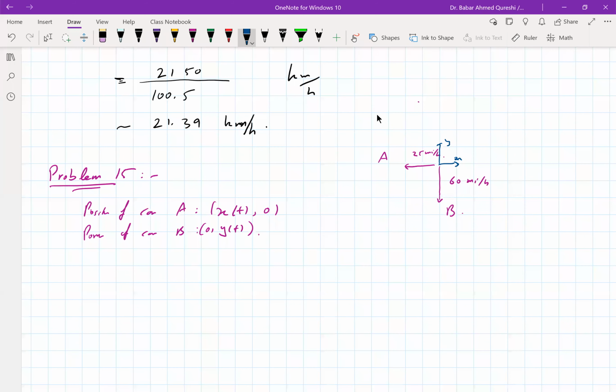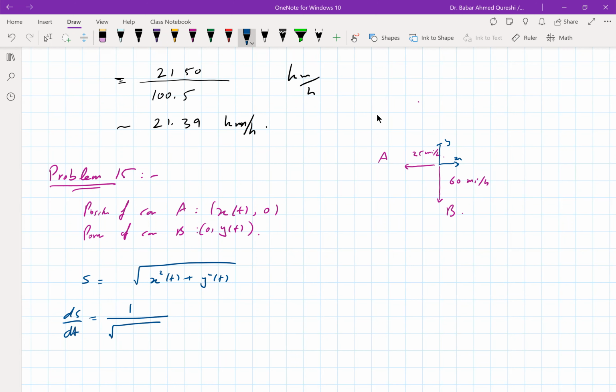Right. And the question is: at what rate is the distance between the cars increasing 2 hours later? So again, the distance is simply the square root of x squared of t plus y squared of t. And we need this ds by dt.